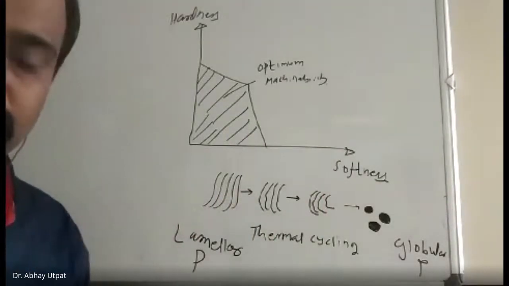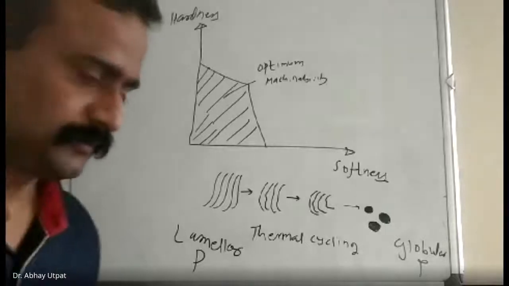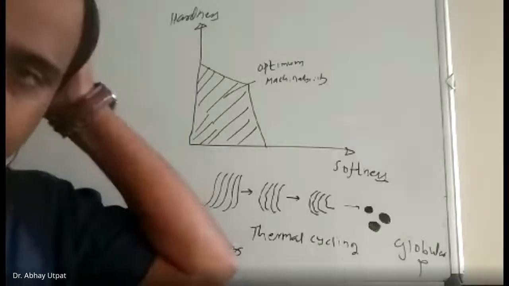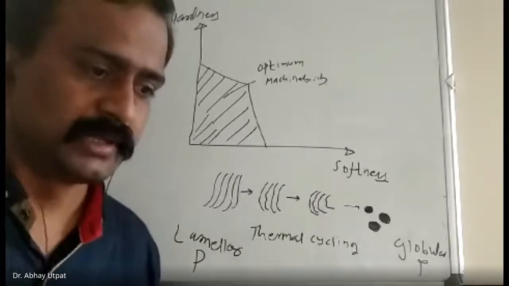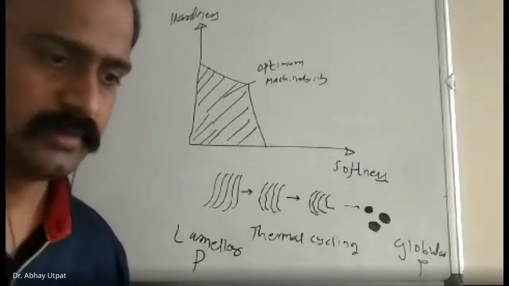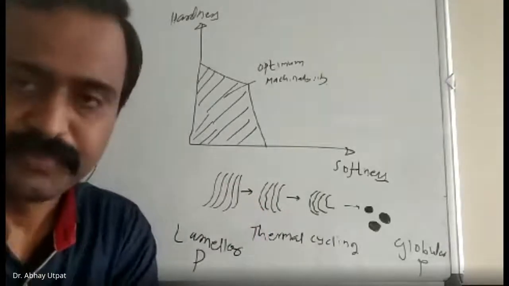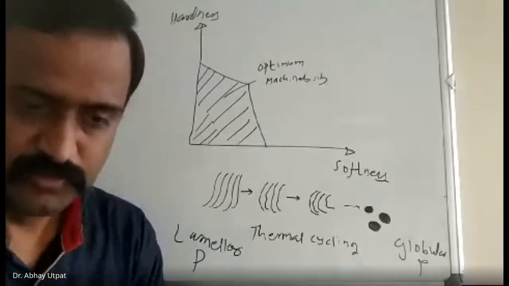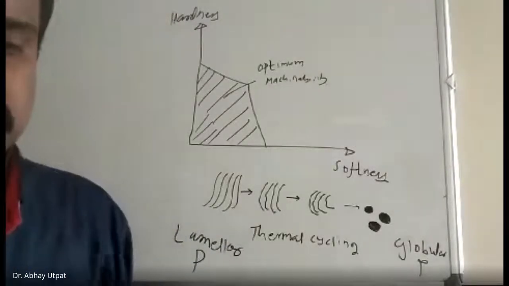The globular perlite gives better machinability because of less disturbance for the motion of dislocation. I will explain what this is.